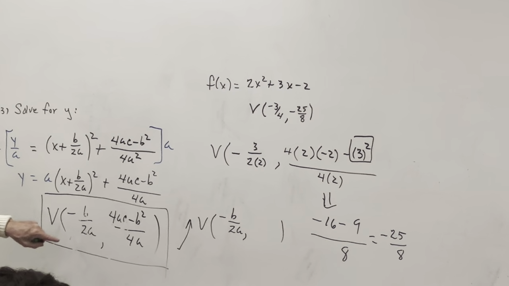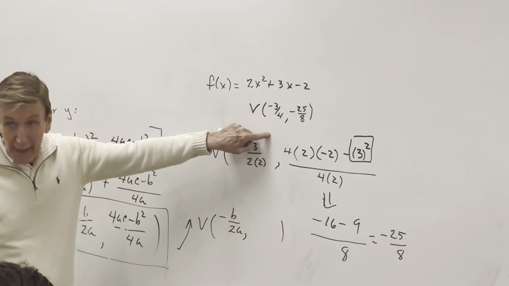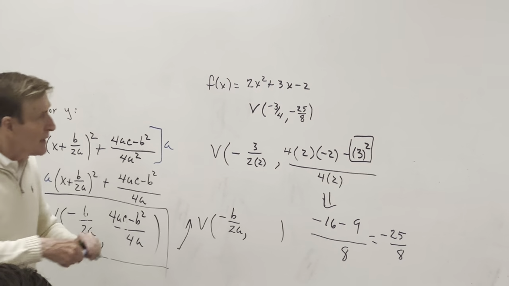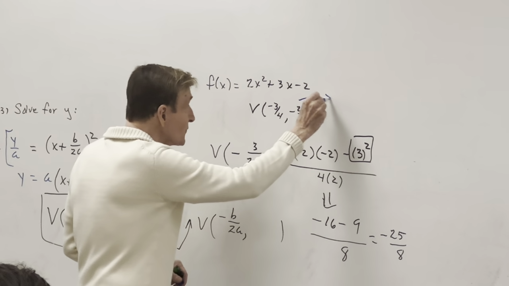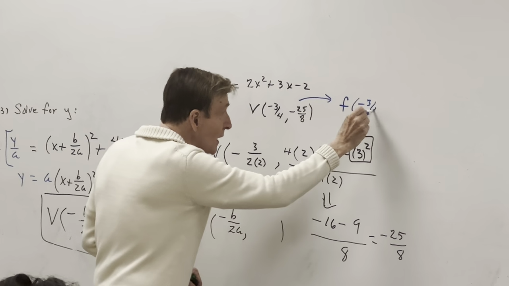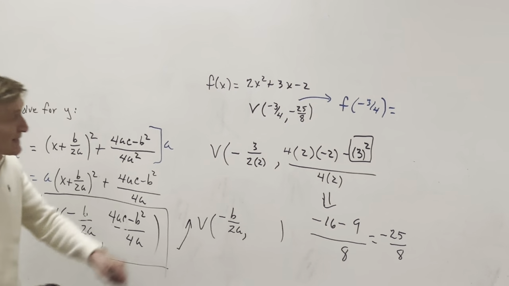Plug in that x value, negative 3/4, back into my function. In other words, she said, Professor, don't remember that 4ac business. Just to find this, you find f of negative 3/4. Just take the x value back to the function and replace.